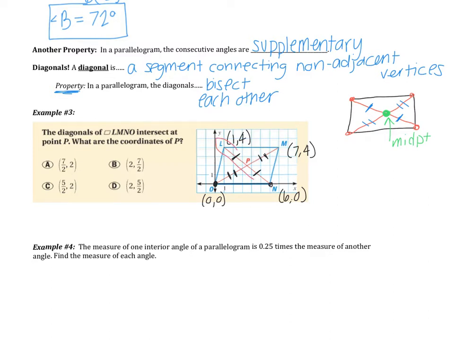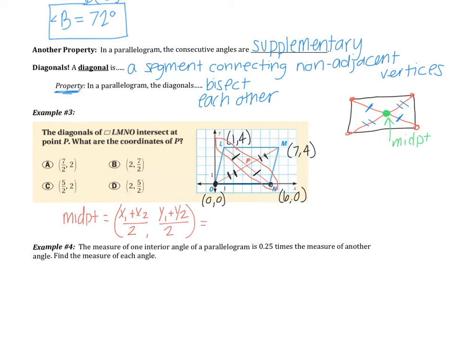I'm just going to look at this one. No reason why I picked it. I just chose to. So for LN, I want to find the midpoint of LN. Well, let's review our midpoint formula: x1 plus x2 divided by 2, y1 plus y2 divided by 2.